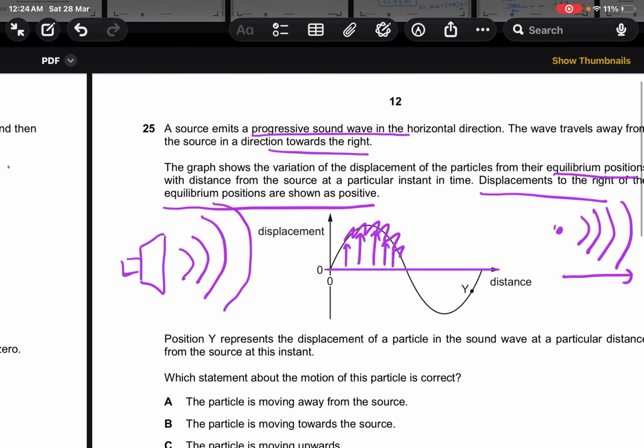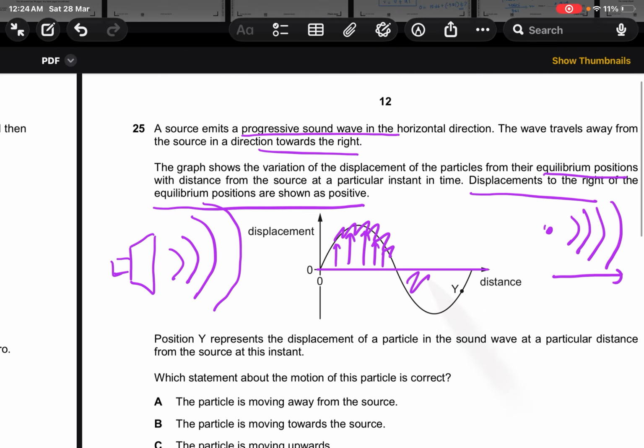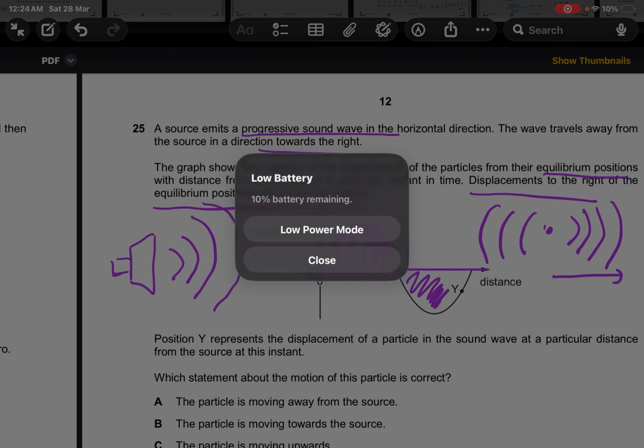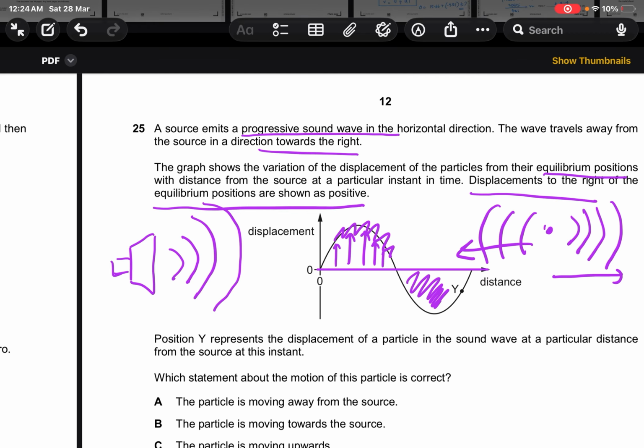And the particles towards the left are moving in this direction, away from the equilibrium position. So over here you are being shown a rarefaction, I think. Particles are moving away from the equilibrium position.